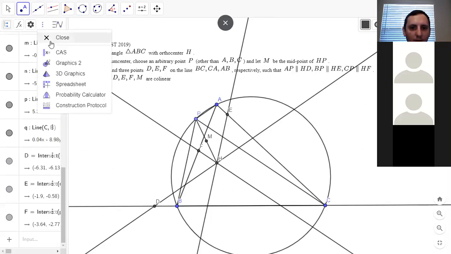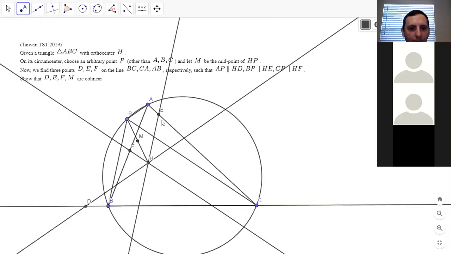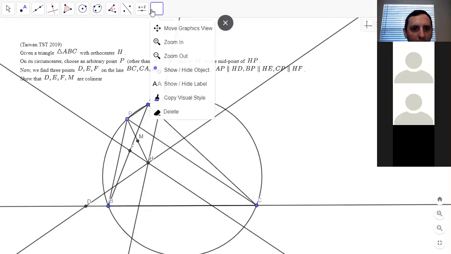Can you draw the Simpson line? The Simpson line of P. Yeah, hold on just a second. Let me hide some stuff.